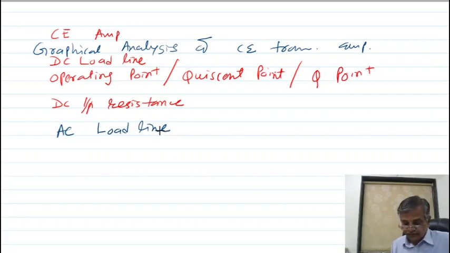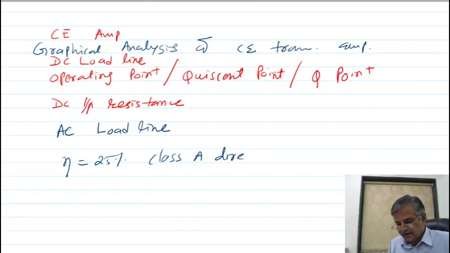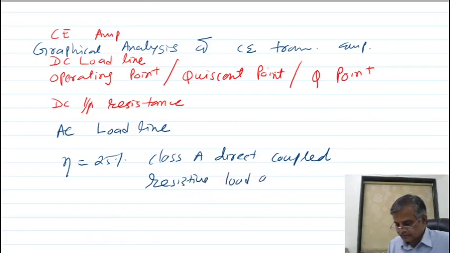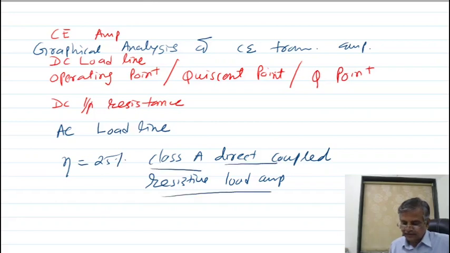Then we'll see the efficiency of class A direct coupled resistive load amplifier. We'll see that the efficiency of class A direct coupled resistive load amplifier is 25%.